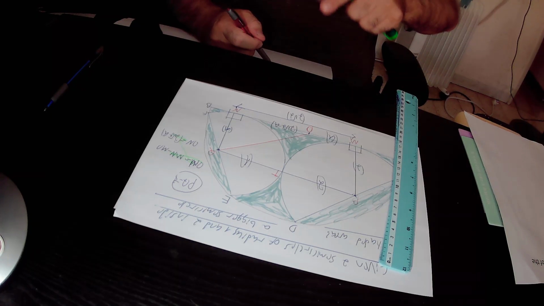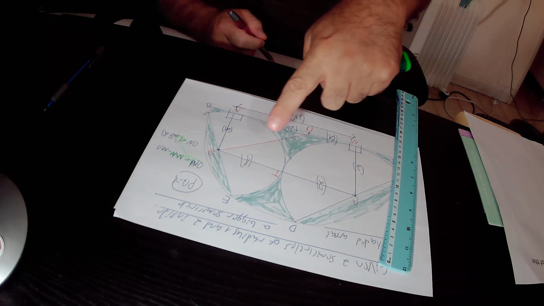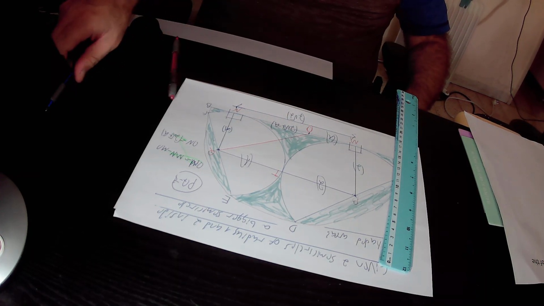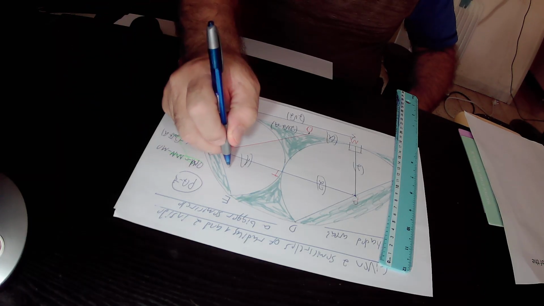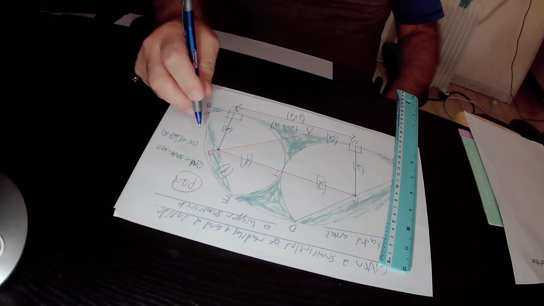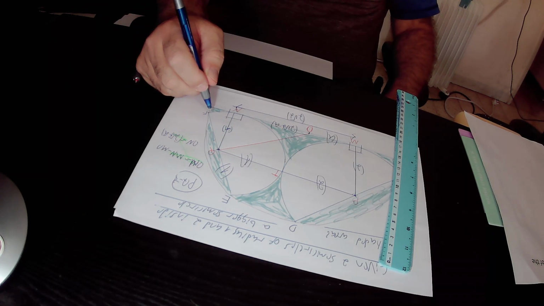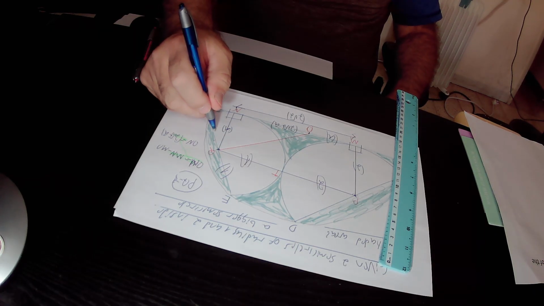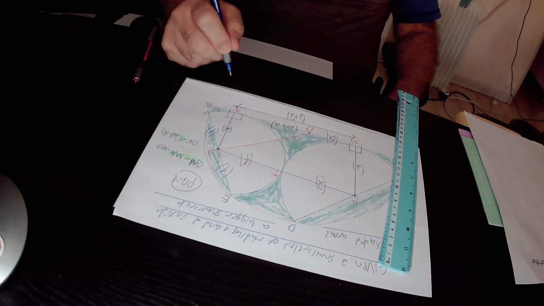So EQ is the radius of this small semicircle, equal to 1. Likewise, QF is also the radius of this small semicircle, equal to 1.